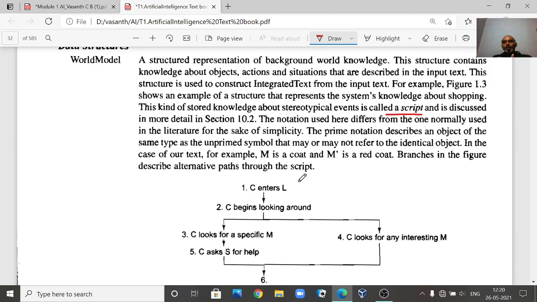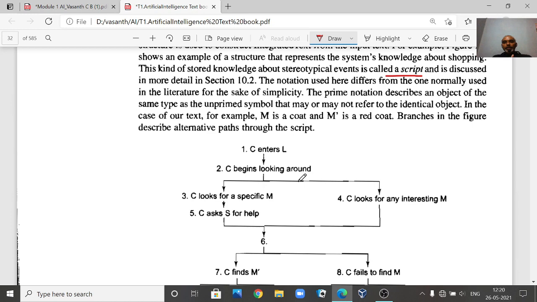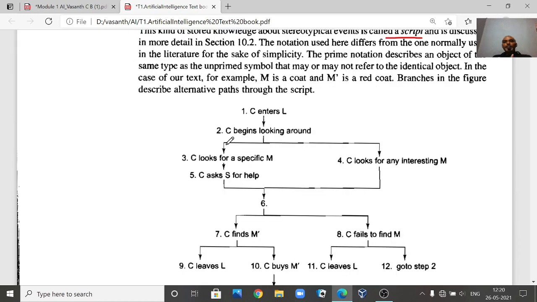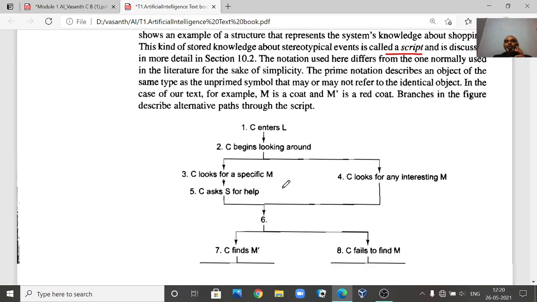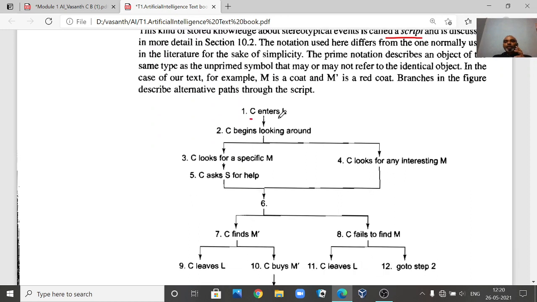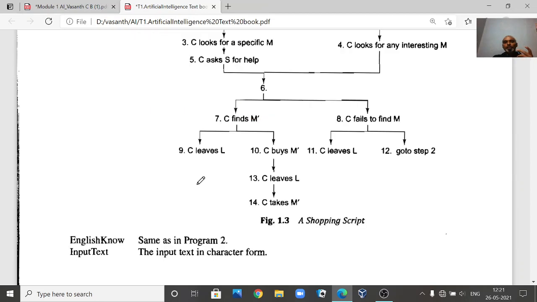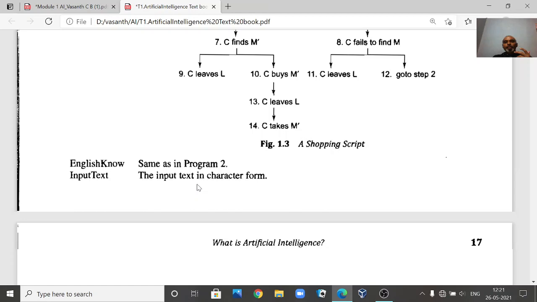Now it is called a script. You can see here an example of a script, how we are going to write the script, how we are going to draw the script. In a later section we will discuss in detail what a script is. Here we can see C enters L. C is what we can call a customer, or a consumer, depending upon our problem.